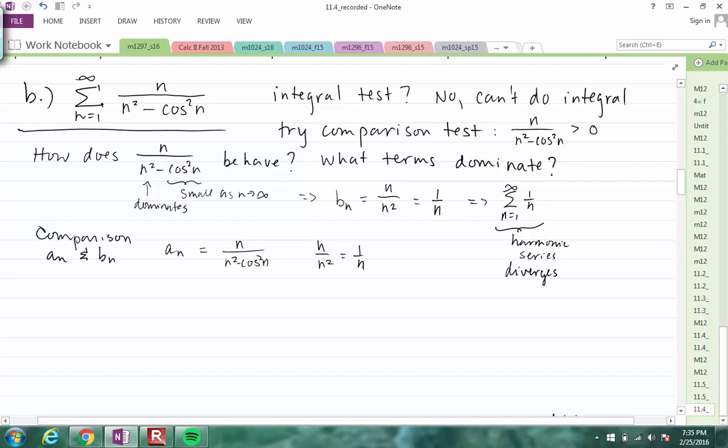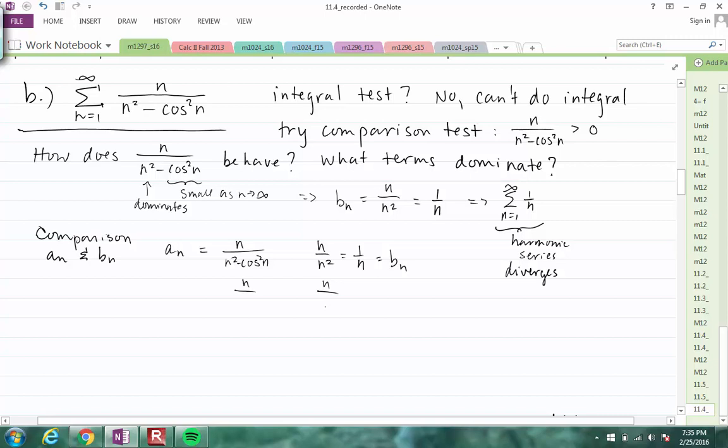We're comparing that to n over n squared, which reduces to 1 over n. Even though this reduces to 1 over n, I wrote it as n over n squared on purpose initially because it's easier to compare the general terms of the two series that way. Notice the n's are the same, and then the denominator is a little different.